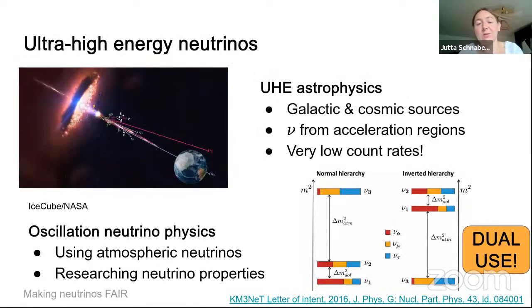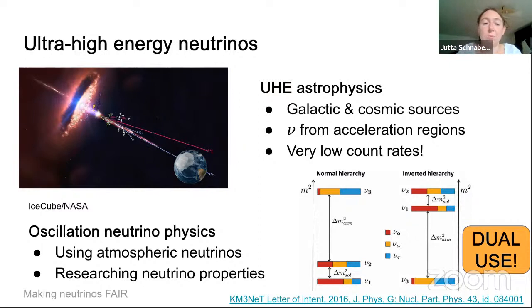So the physics we are talking about is ultra-high energy neutrinos. Basically in KM3NeT, as well as in other experiments of that scale, we have the possibility to target different areas of physics.